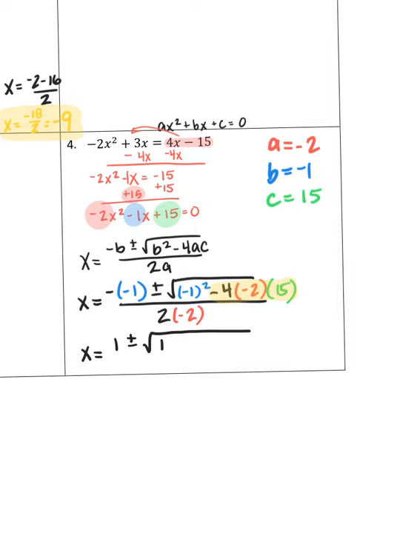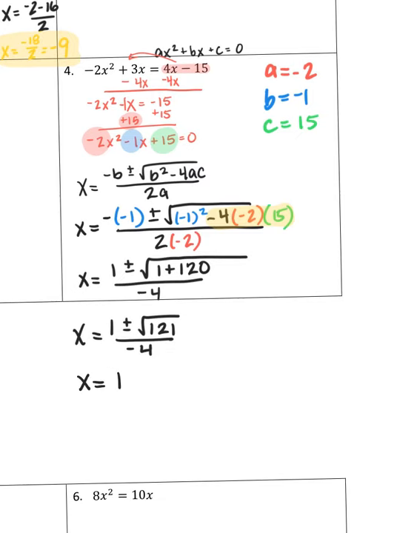And I get 121. 1 plus 120 all over 2 times negative 2, which is negative 4. X equals 1 plus or minus the square root of 121 over negative 4.